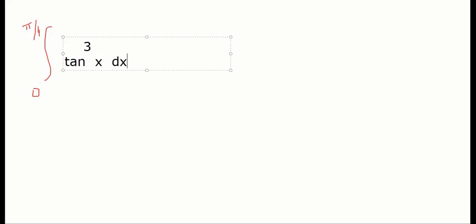Evaluate integral 0 to pi by 4 tan cube x dx. What are you going to do? We already learned how to integrate tan cube x kind of function. Any ideas?